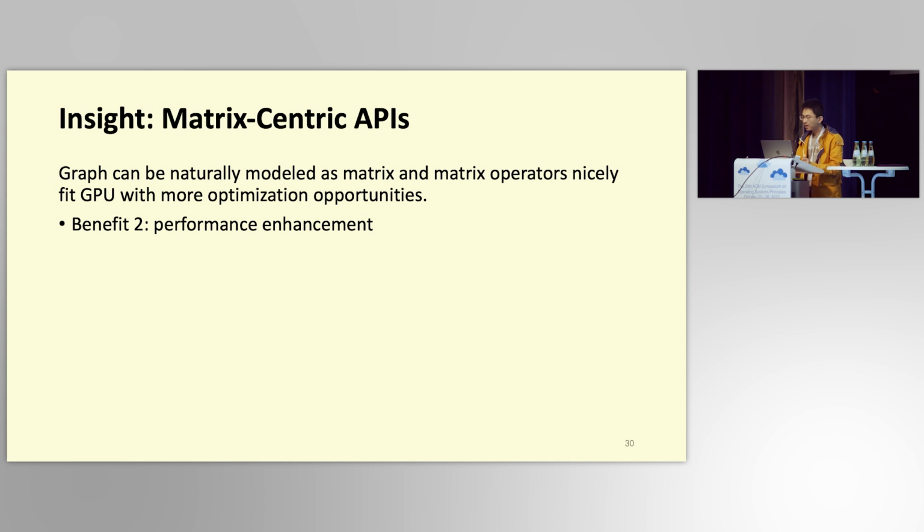Besides programming help, another major benefit of proposing the matrix-centric API is to significantly improve the performance of GNN sampling. This is made possible because GPUs are designed to perform matrix computation, and the matrix API offers a greater optimization space.